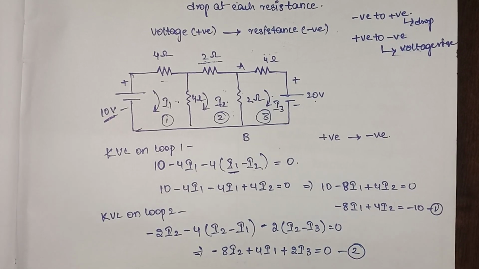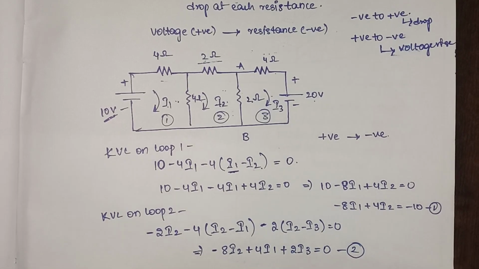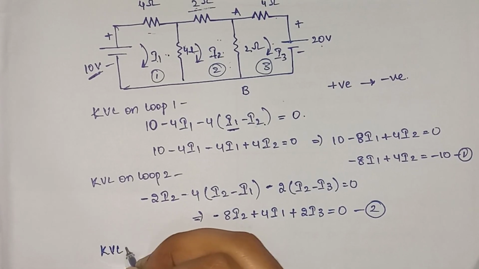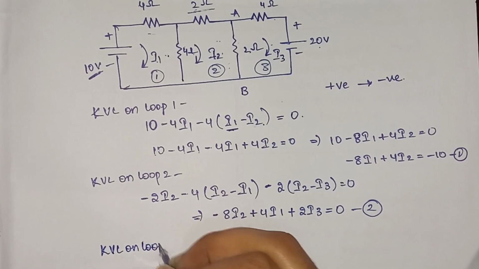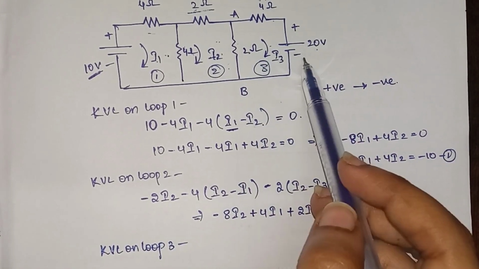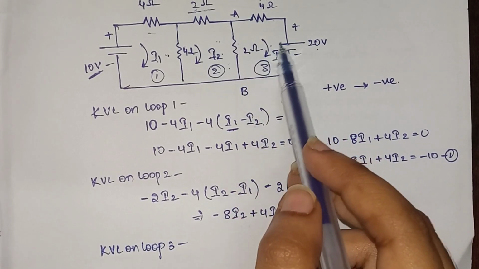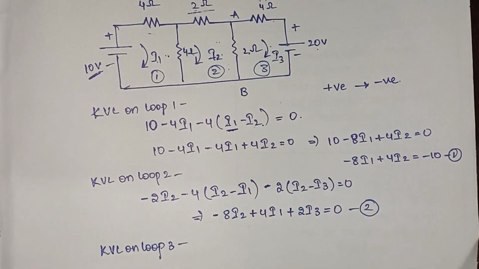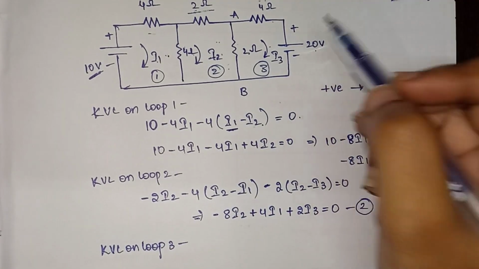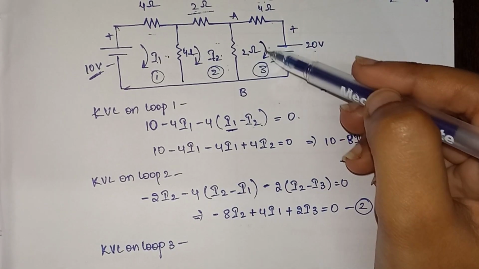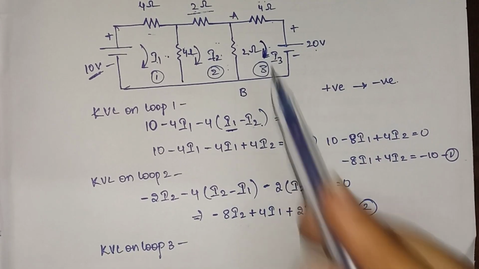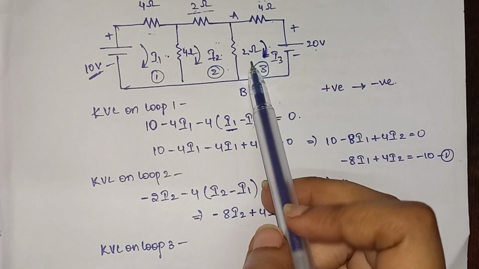Now let's see how to do KVL on loop 3. So see, I have 20 volts of this voltage in this particular loop. Our current is flowing in this direction, right? And we are having 4 ohms and 2 ohms.